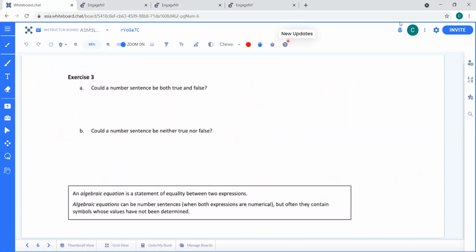All right. Could a number sentence be both true and false? No way. It has to be either true or it has to be false.